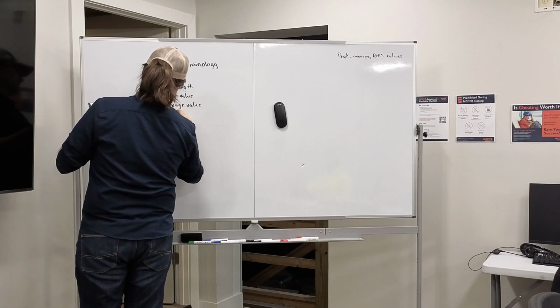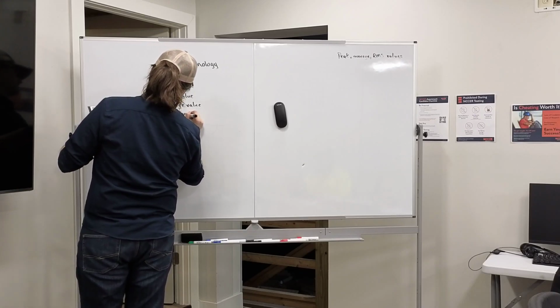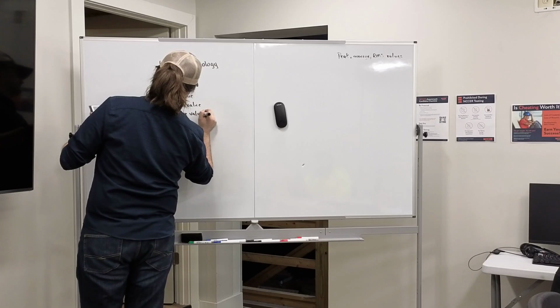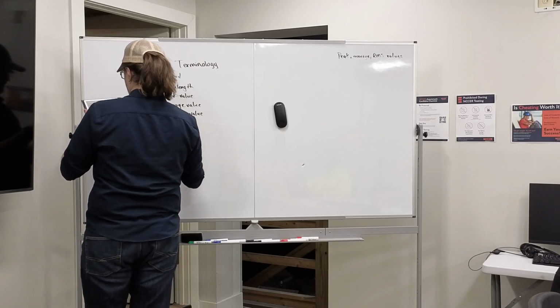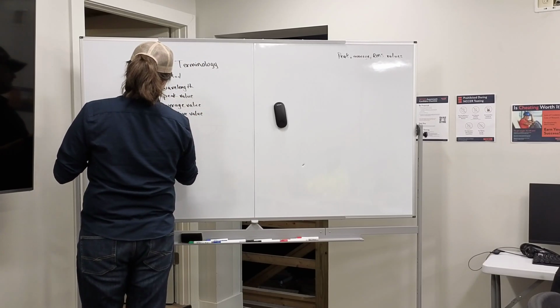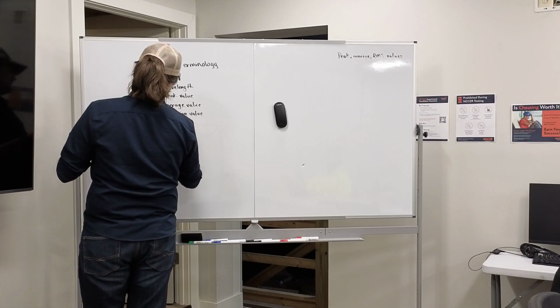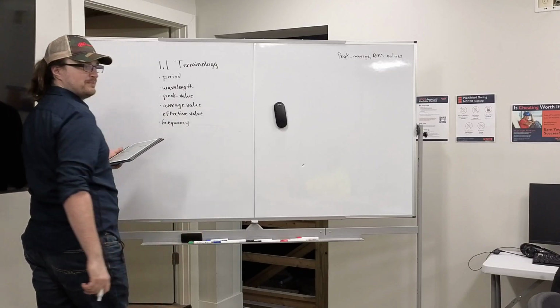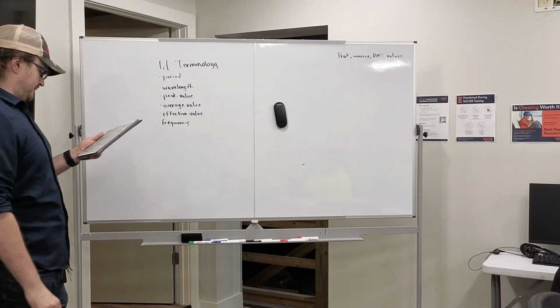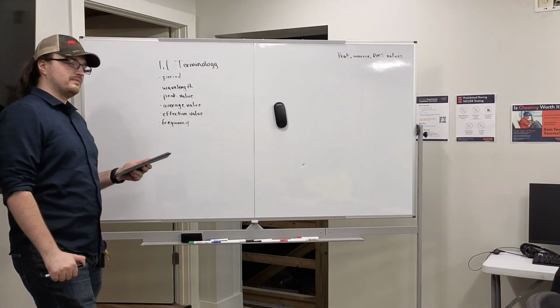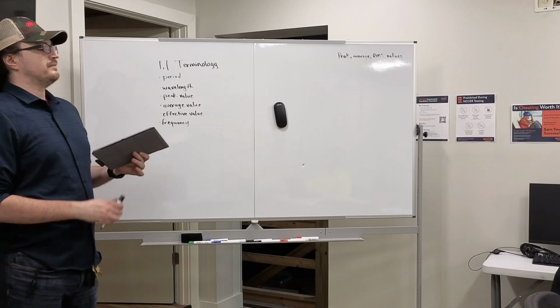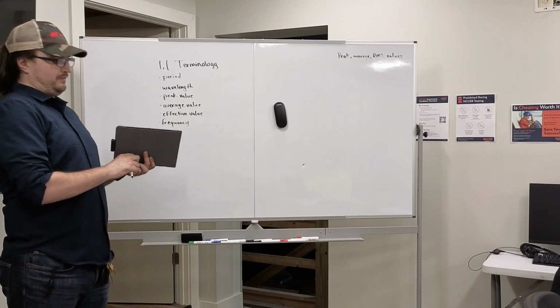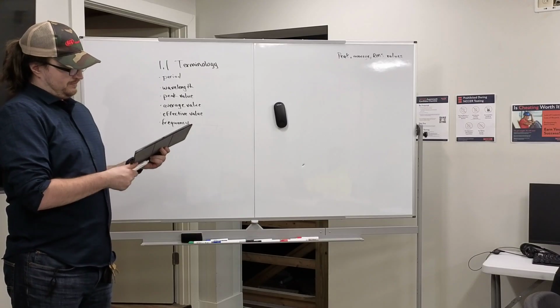Effective value. And frequency. Aiden, what's frequency? Frequency. How often a cycle is completed per second?